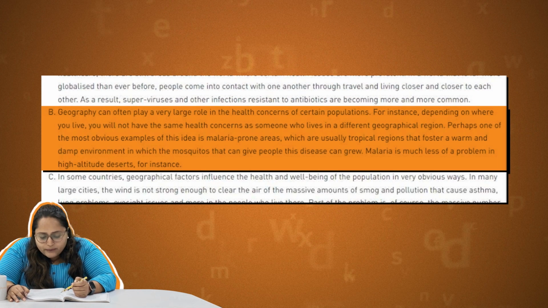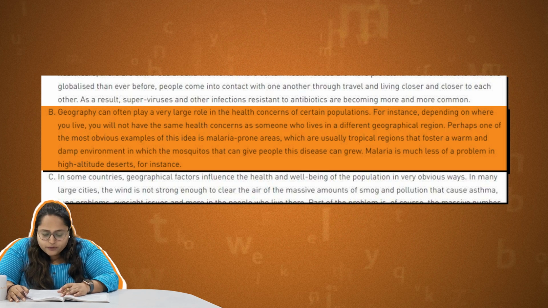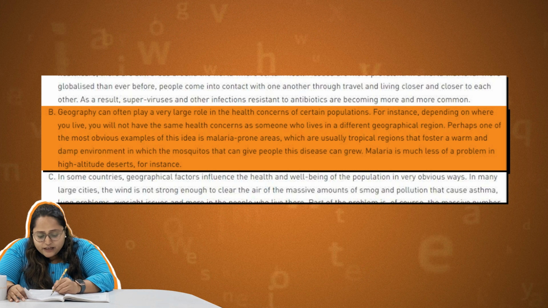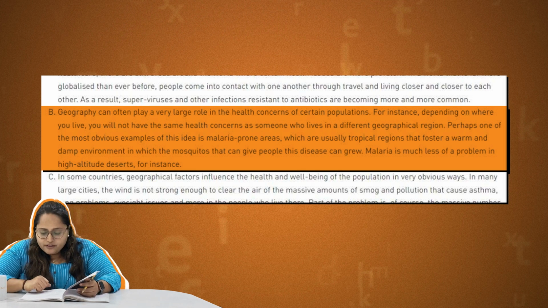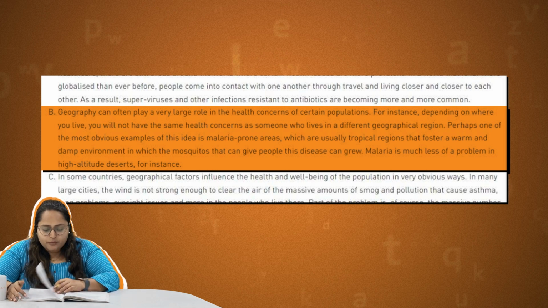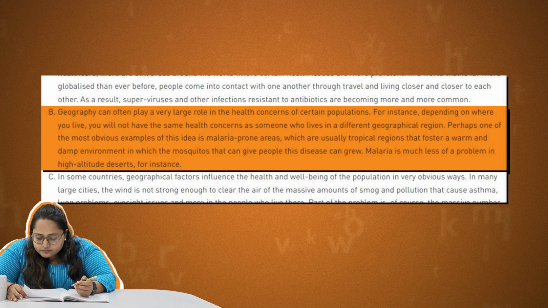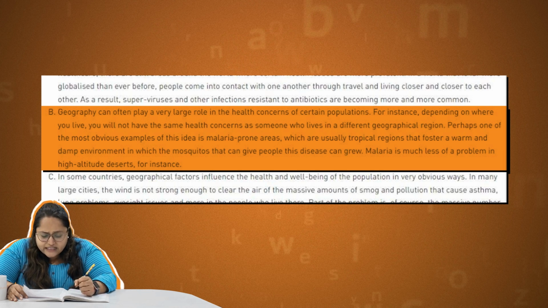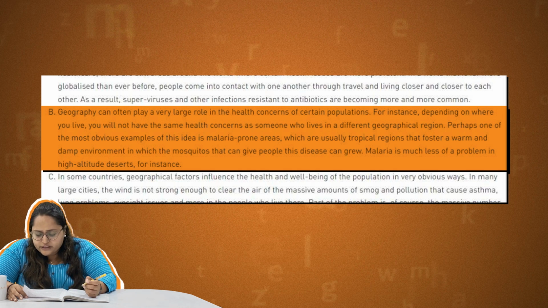Geography can often play a very large role in health concerns of certain populations. For instance, now if you see this word instance, you can go to the word example which can help you out, maybe, I'm not sure. Let's go ahead and read. Depending on where you live, you will not have the same health concerns as someone who lives in a different geographical region.